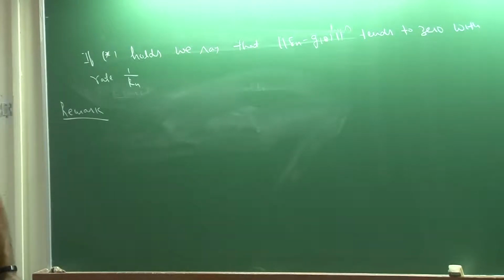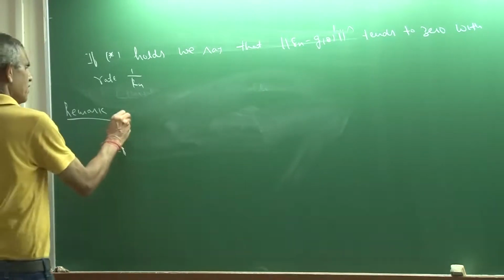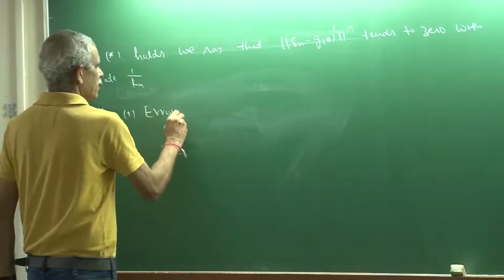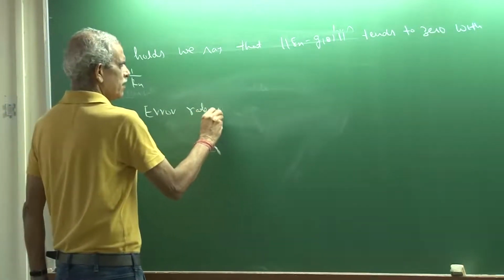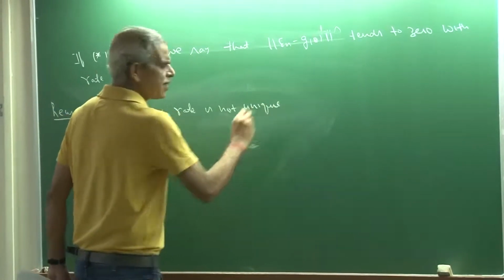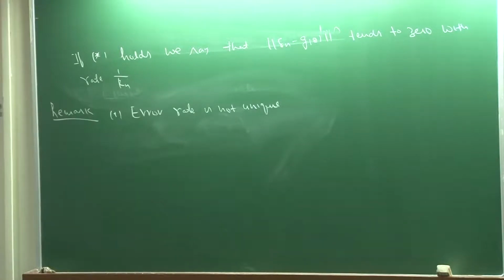As we saw in the limiting risk approach, error rate is not unique. Why? If two sequences are asymptotically equivalent, that means their ratio goes to some constant c strictly between 0 and infinity.